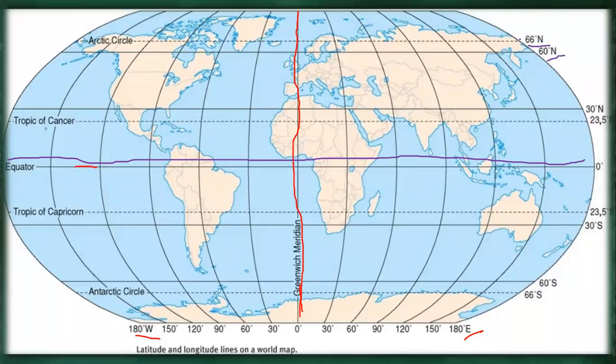You see here, the Arctic Circle is 66 degrees north. And then we have the equatorial line, which is 0 degrees. It is always measured. As well as the Greenwich meridian, it is 0 degrees because it is in the middle.